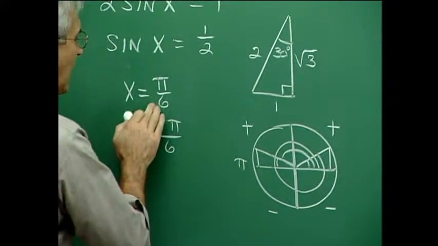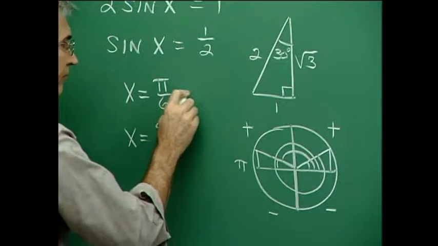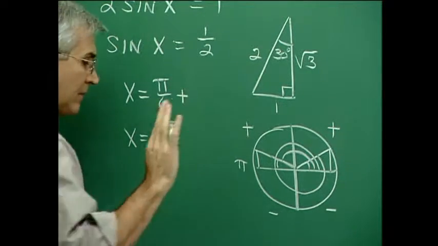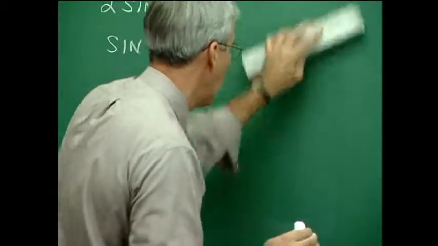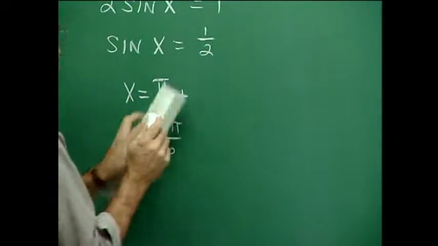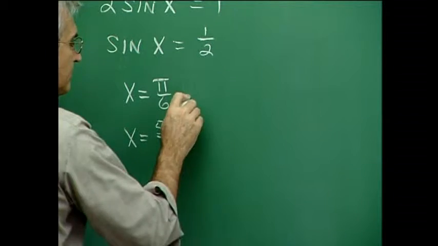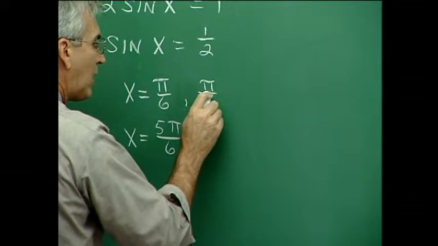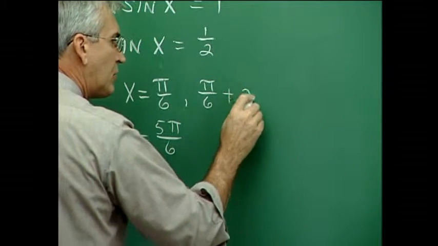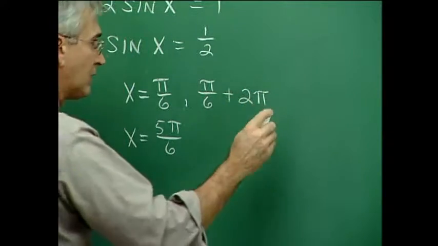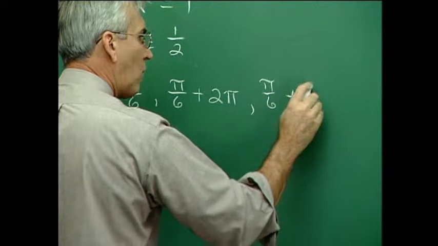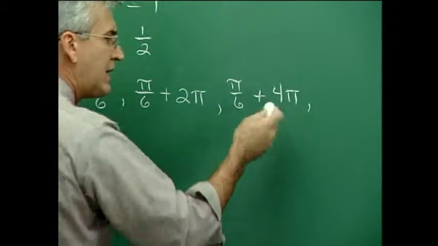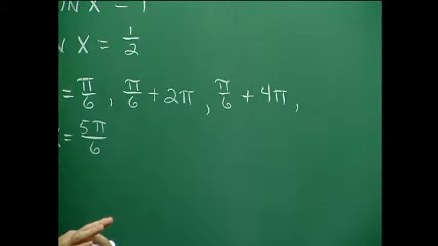It would be pi over 6 plus... Now let me emphasize, I want to make sure we understand where I'm going with this conversation: it is pi over 6 and then pi over 6 plus 2 pi, you see, go all the way around the circuit, and then it's pi over 6 plus 4 pi, and then pi over 6 plus 6 pi, and so on.